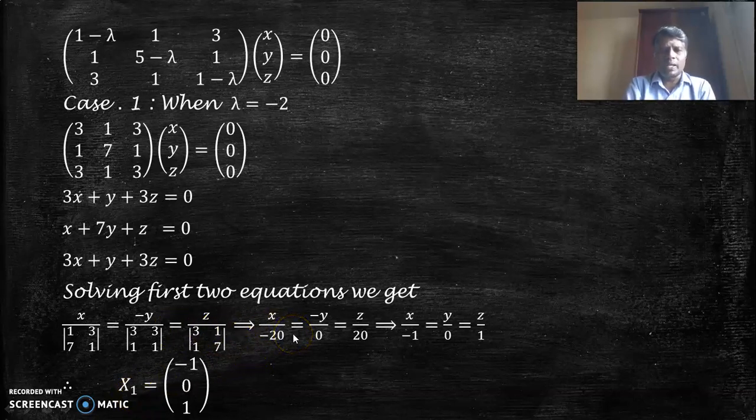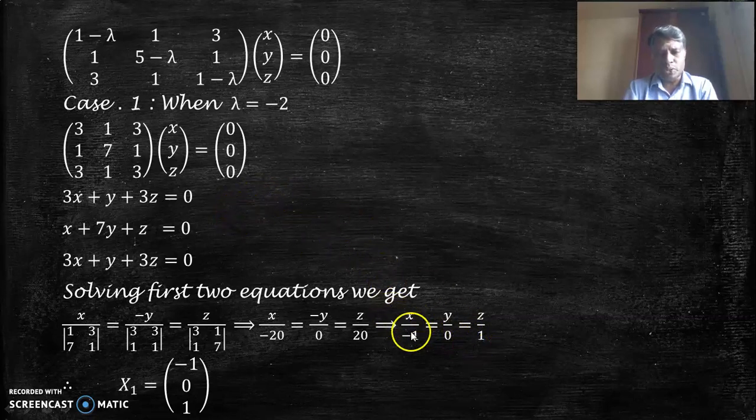This is very simple. We studied this method in the previous classes. How to find out: these are ratios. Minus 2, 0, 2 also satisfies all three equations. Also minus 1, 0, 1 satisfies this equation.